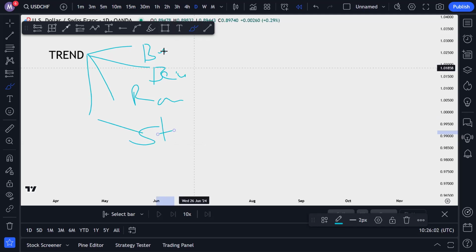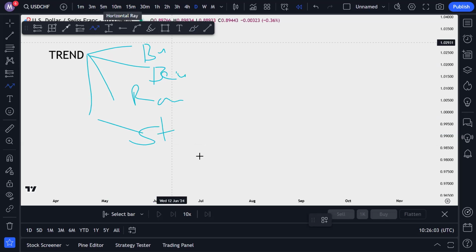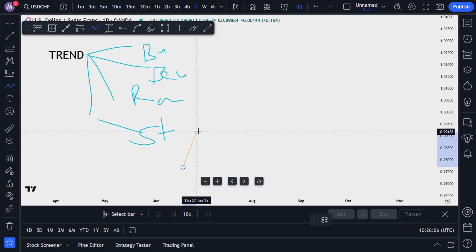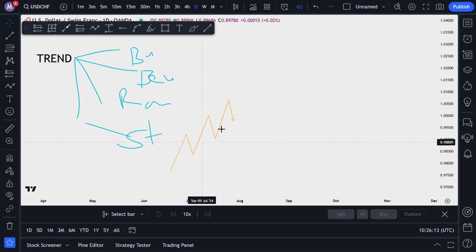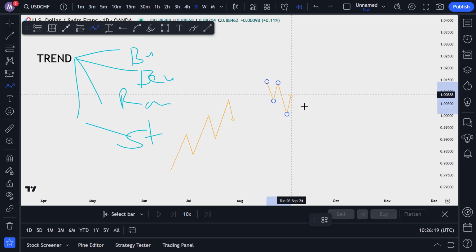So this is how the bullish trend looks. We know that price is forming higher highs and higher lows on a bullish trend. And when price is bearish, it is forming the opposite of this, which is a bearish trend. So what is the ranging market?